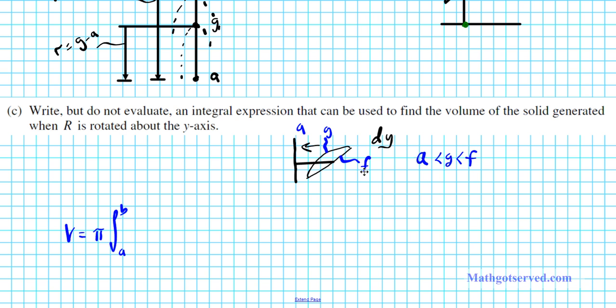So if you have this orientation, remember, it's going to be F minus A squared minus G minus A squared, okay? And it's going to be dy. All our functions are going to be in terms of y since we're rotating in the direction of the y-axis.